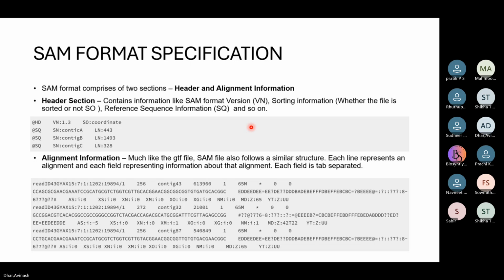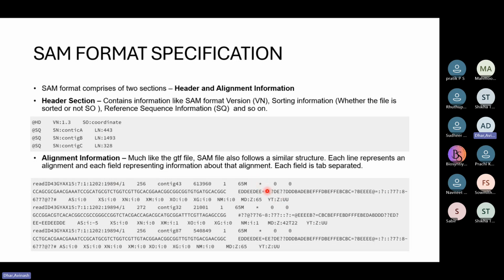Now this particular column talks about the position of the mate. What do we mean by the mate? By mate we mean the reverse read. Now this is your forward read. Its reverse read would also align somewhere, right?